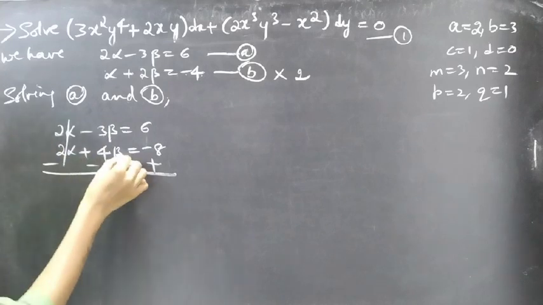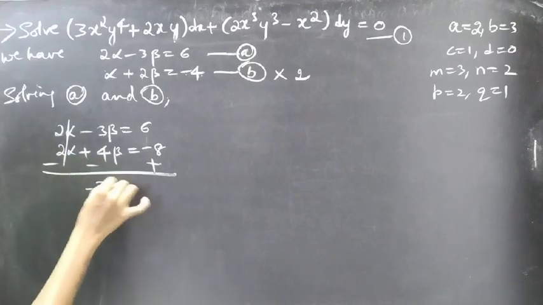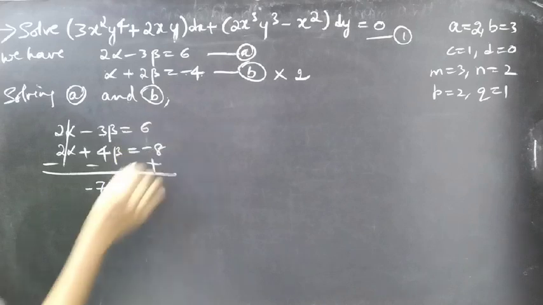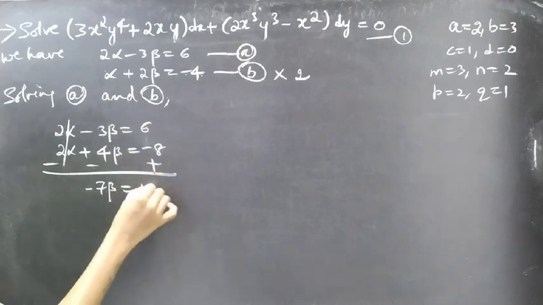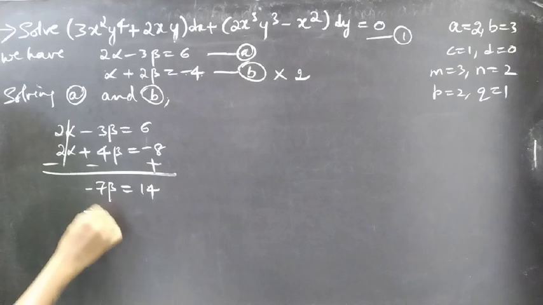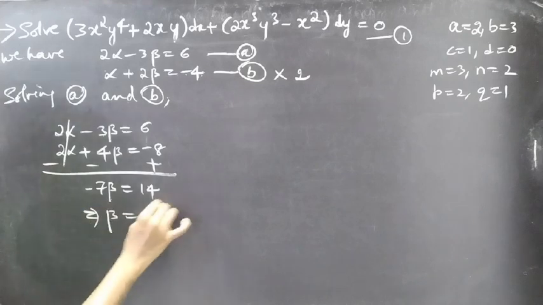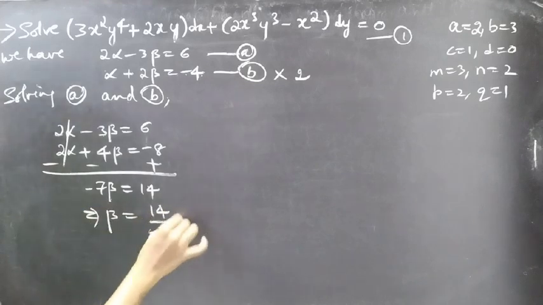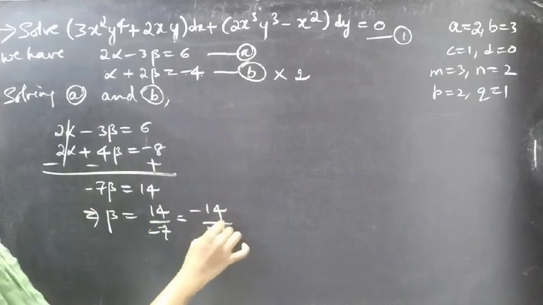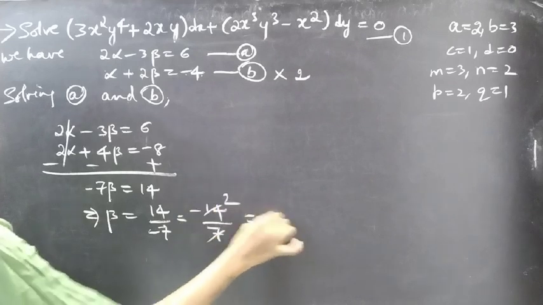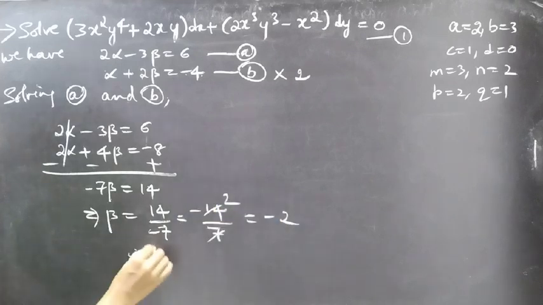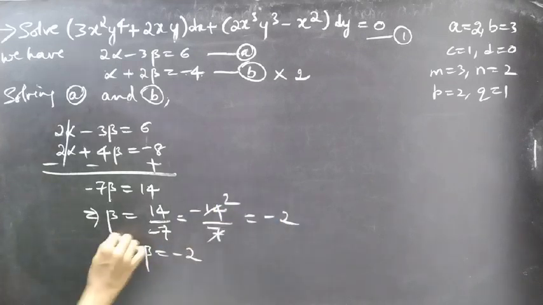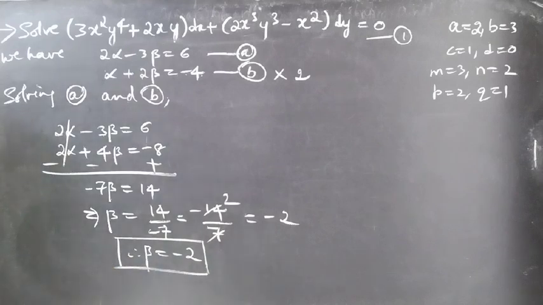Minus 3β minus 4β gives minus 7β equal to 6 plus 8, sorry, plus 14. Right? From this we'll get β equal to 14 by minus 7, which gives us minus 2. Therefore, β equal to minus 2.